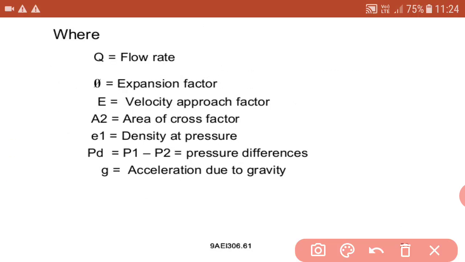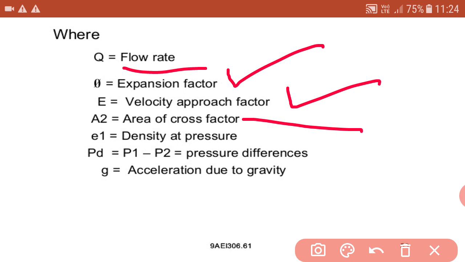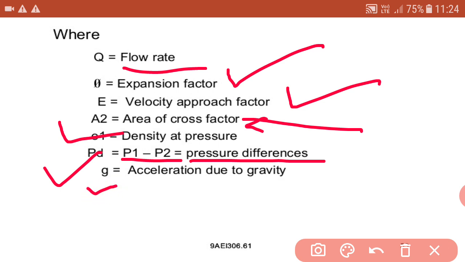where Q is the flow rate, phi is the expansion factor, capital E is the velocity of approach factor, A2 is the cross-sectional area, rho 1 is the density at pressure P1, and PD is equal to P1 minus P2. It is known as differential pressure or pressure difference. And g, we know, is the acceleration due to gravity.